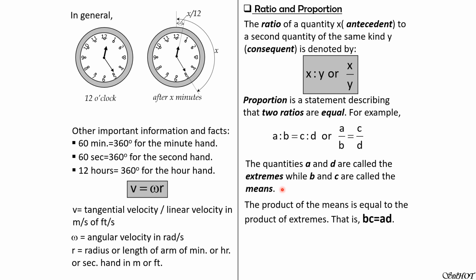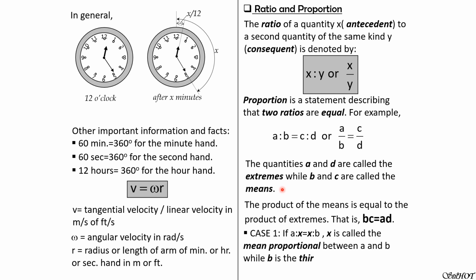So there are specific terms for these different cases of ratio and proportion. If you encounter statement A as to X equals X as to B, X is called the mean proportional between A and B because it is X squared equals AB. So that's why it's called the mean proportional.